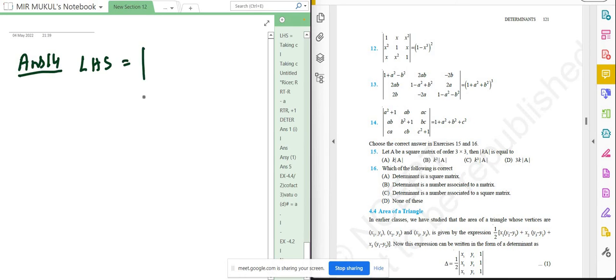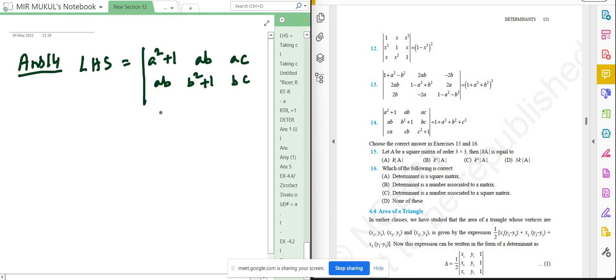LHS equals to a square plus 1, ab, ac, ab, b square plus 1, bc, ca, cb, c square plus 1.